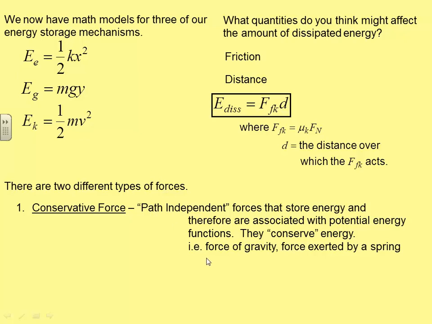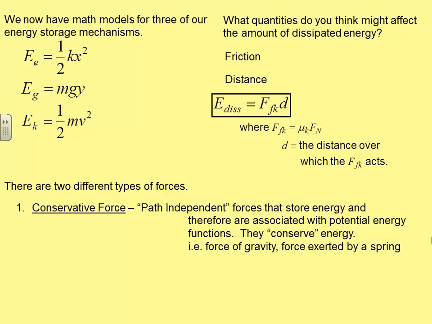And that means that it doesn't matter how they get from point A to point B. It only matters that you started at A and ended at B. Think of some of the examples that we've talked about, like going around a loop and those kinds of things. If we're only using conservative forces, it only matters where we start and where we end, all right? Not how we get there. Path-independent forces store energy, and therefore you have potential energy functions with them. They conserve that energy. So these are things like force of gravity and the force exerted by a spring.